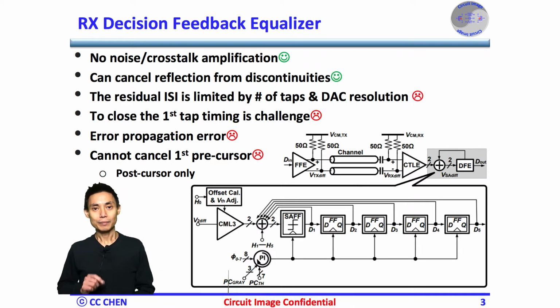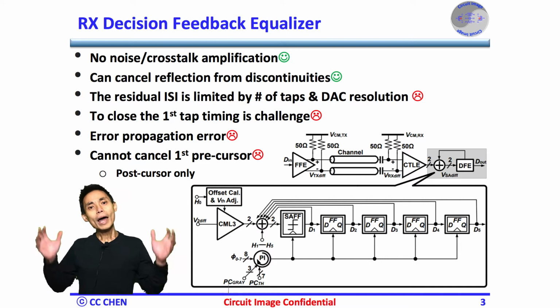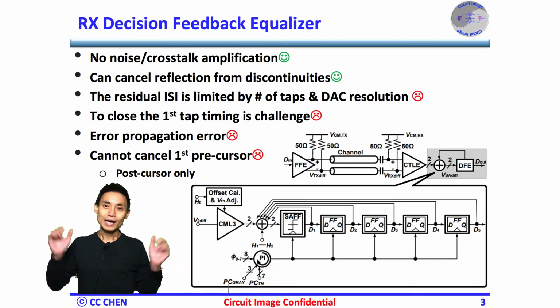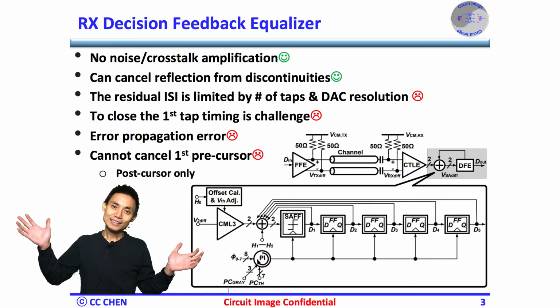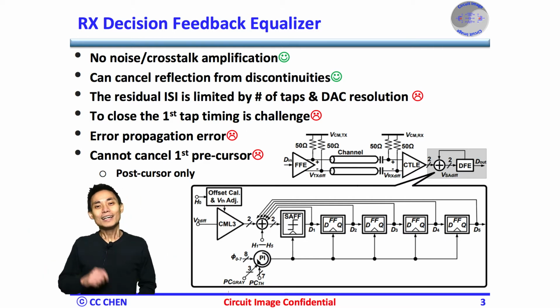If the DFE makes the wrong decision, what happens? Does anyone want to guess? Yes, that's correct. The DFE will introduce more ISI if making a wrong decision, and result in a burst error we call error propagation.